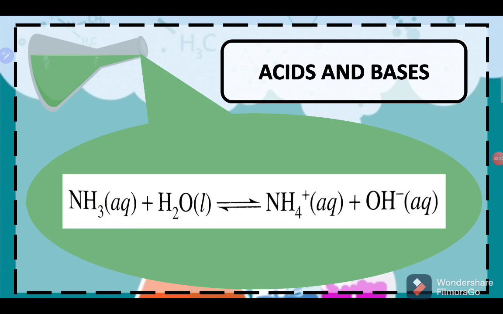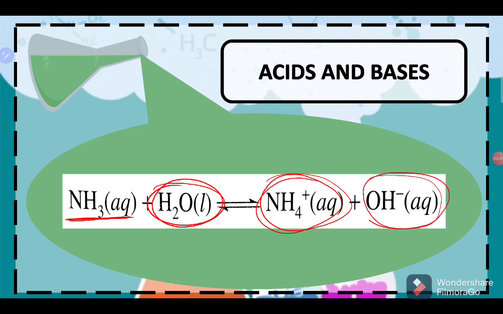Another reaction: ammonia combines with H2O, or water, to produce ammonium ion and hydroxide ion. The hydrogen ion in H2O is donated to ammonia to produce ammonium ion.